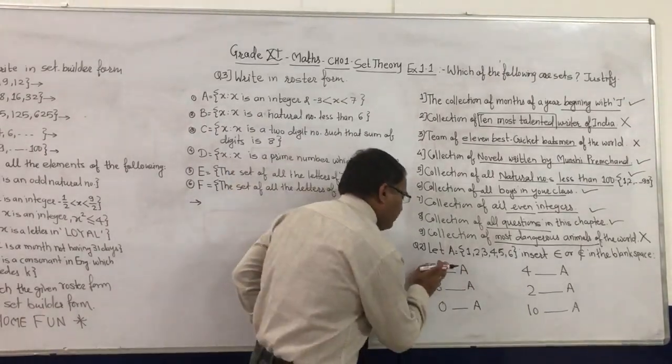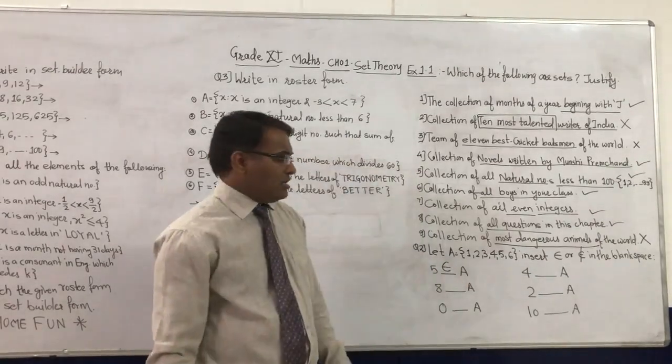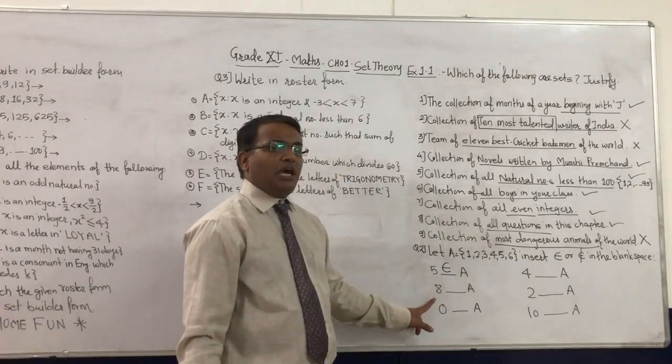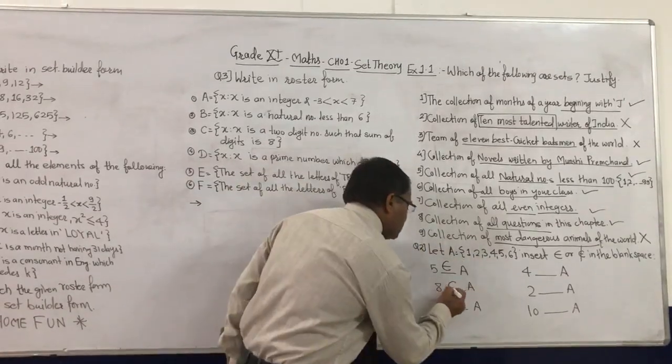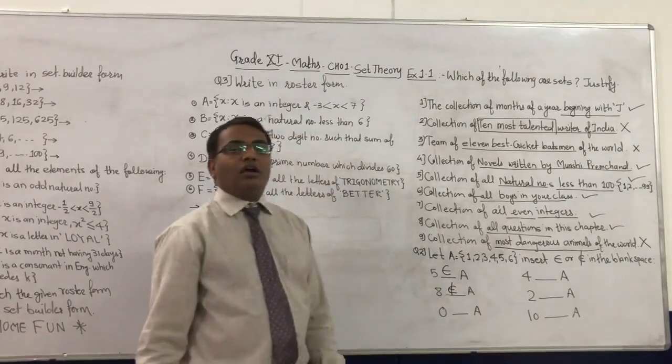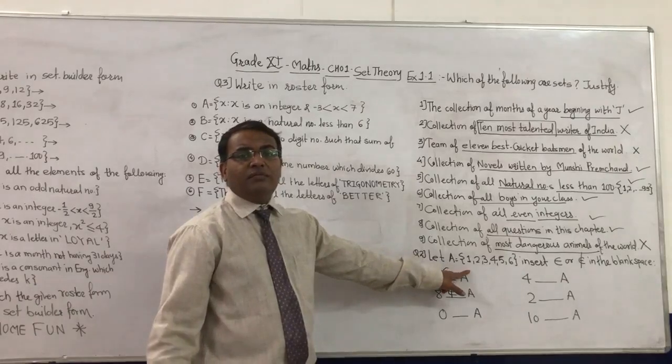How to write it? Very simple. Write down the symbol and then one line. Next one, does 8 belong to A or not? There is no element 8, so it does not belong to A. Next one, 0. Is there any element 0 here?